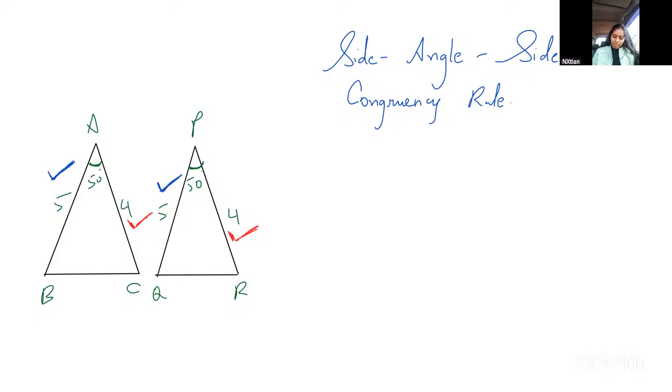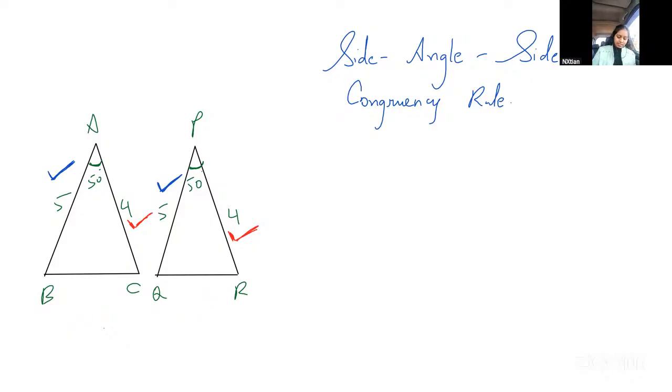Then the base of this triangle and the base of the other triangle, base BC and base QR, are corresponding sides.